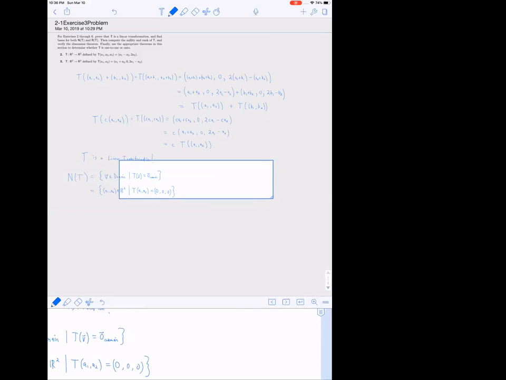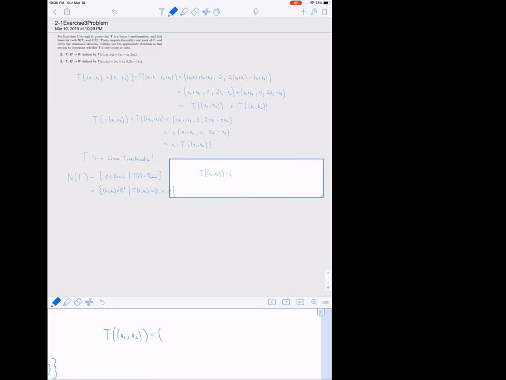All right, so what does it mean that T of A1, A2 is equal to 0, 0, 0? Well, T of an arbitrary A1, A2, we know the formula for T. That's going to be A1 plus A2, and then 0, and then 2A1 minus A2.